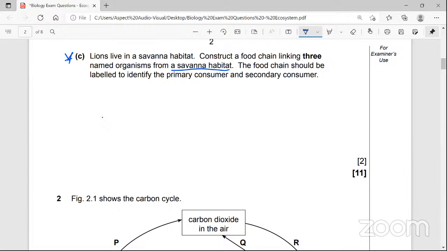You draw grass? You're right. What are we writing? Grass, huh? Grass, and then what is the grass? Maybe a zebra. Yes, your springbok. Zebra, so it's a lion. Yes, even a zebra, springbok, anything that is a primary consumer, right?